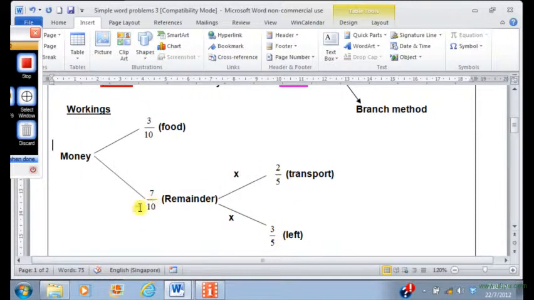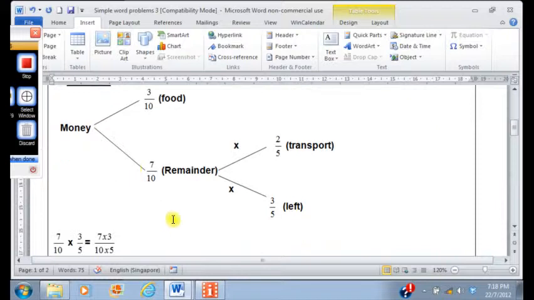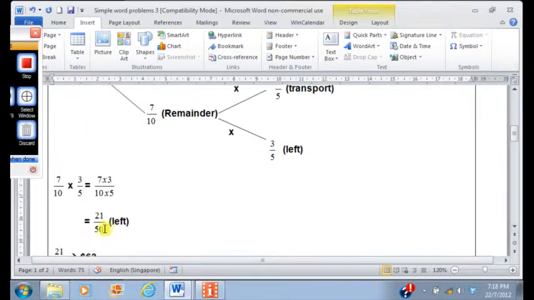How can we match this fraction with this and this? We multiply. If we put the multiply symbol, we can easily find the fraction out of the total. So 7 over 10 times 3 over 5 equals 21 over 50. This is what is left.